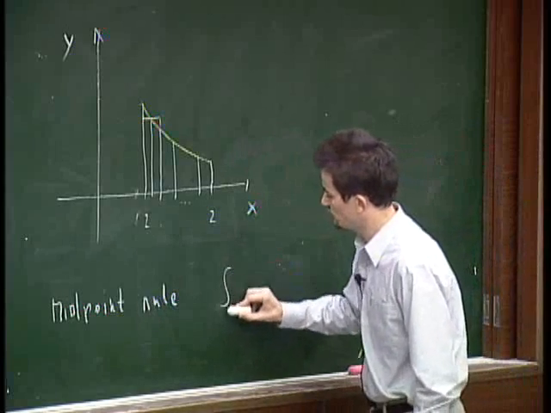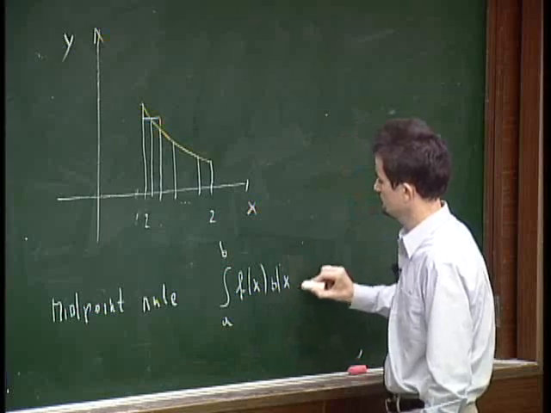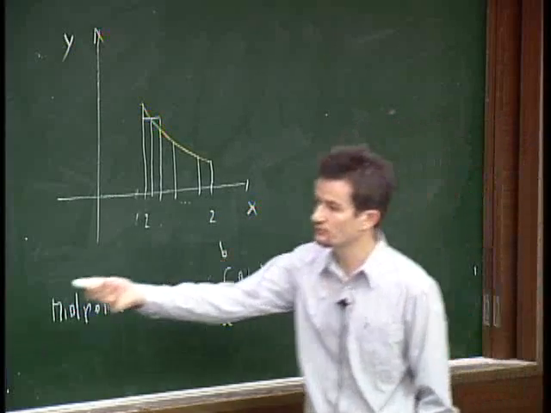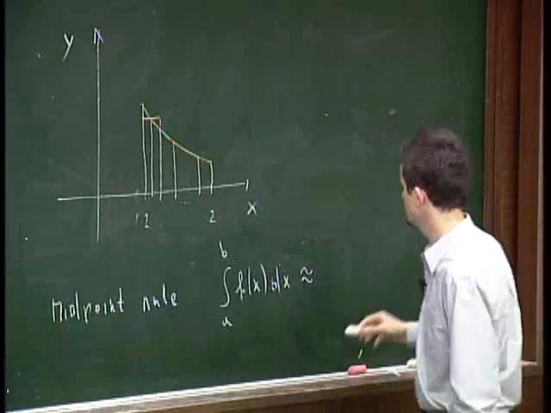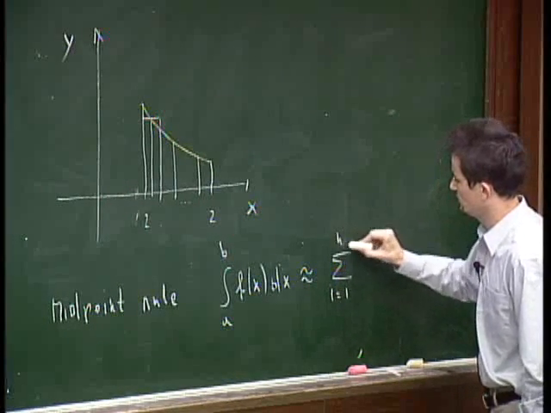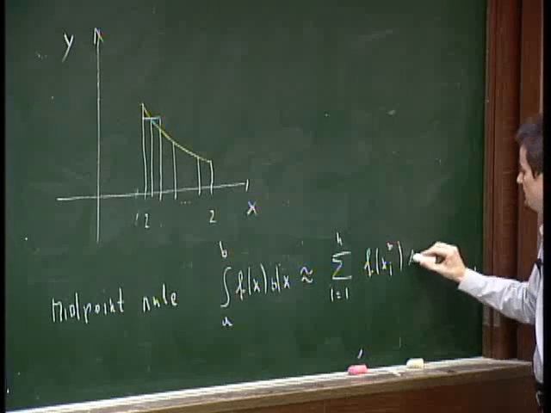So here you approximate the integral. We use the simplest idea to approximate the integral: a Riemann sum, because that's the definition, as a sum over i from 1 to n of f of x_i star times delta x.